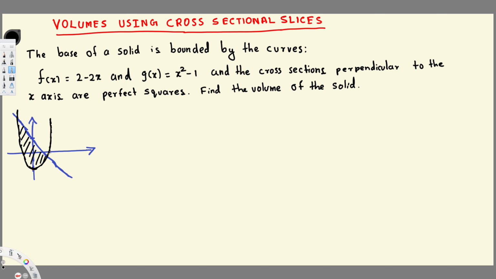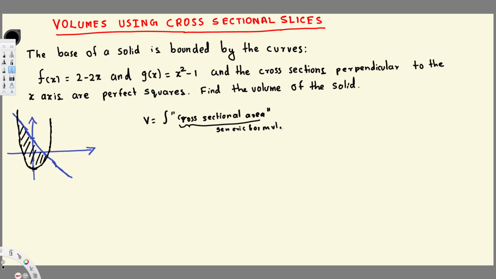So let's see how we can find this one. The generic equation is V equals the integral of the cross-sectional area. This is the generic formula.